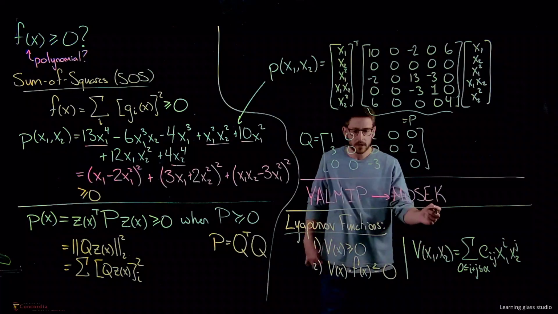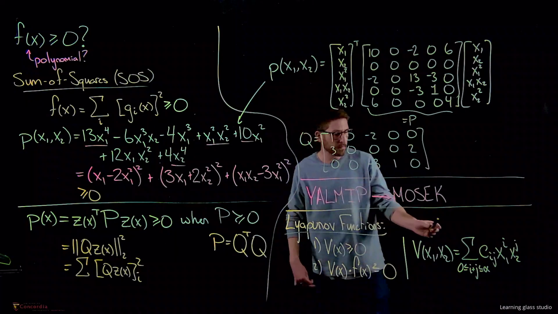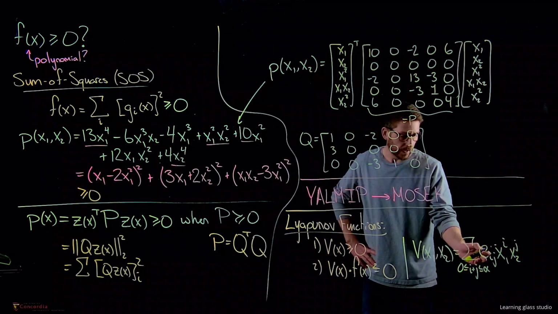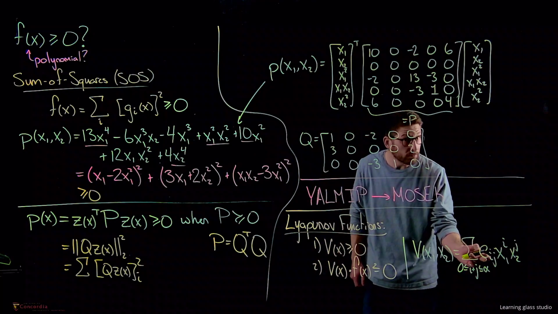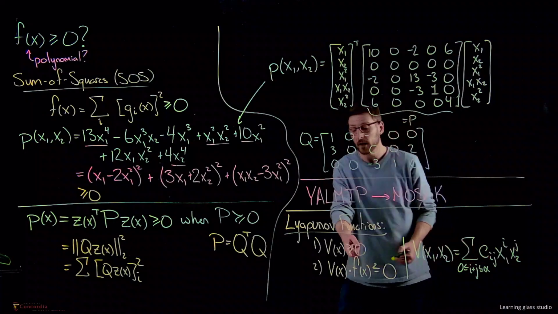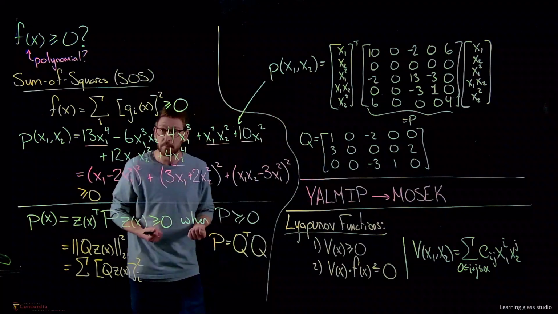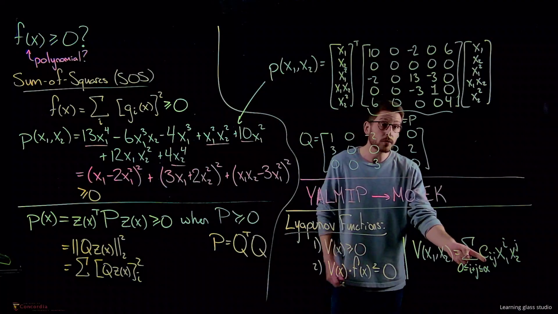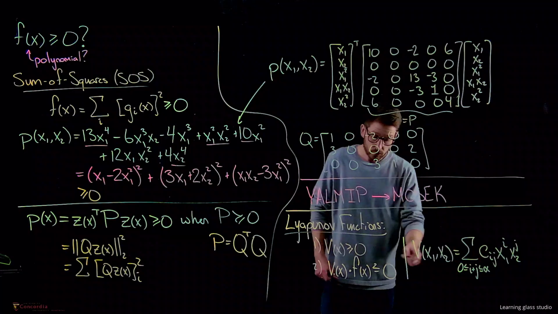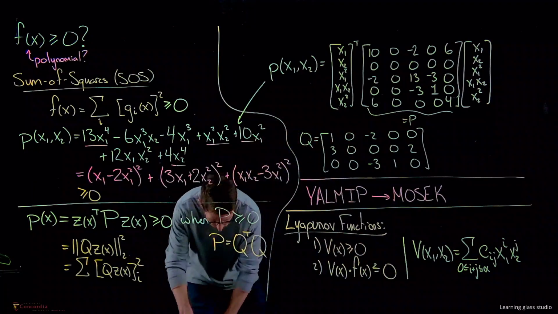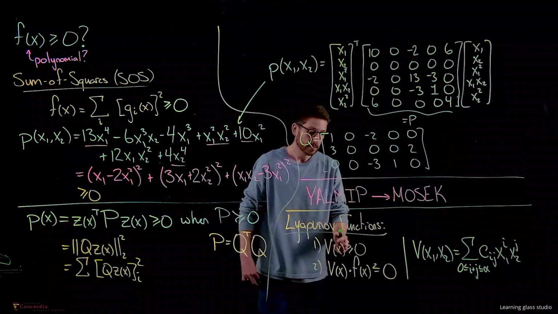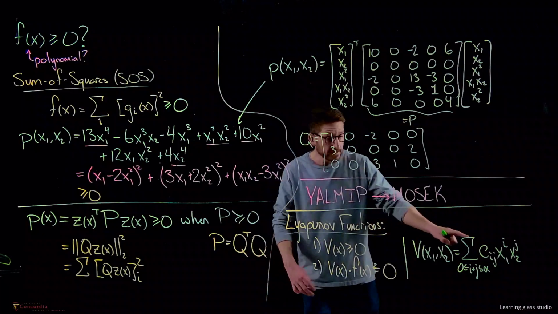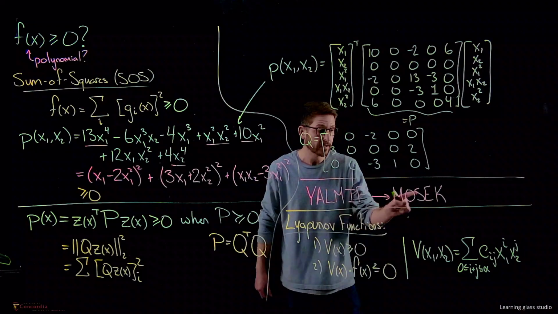Then take a look at what this becomes. I have a problem of finding coefficients and verifying non-negativity all in one step. But what I could do is tune the coefficients to make these things sums of squares instead, right? This is something that can also be handled by YALMIP and Mosek.